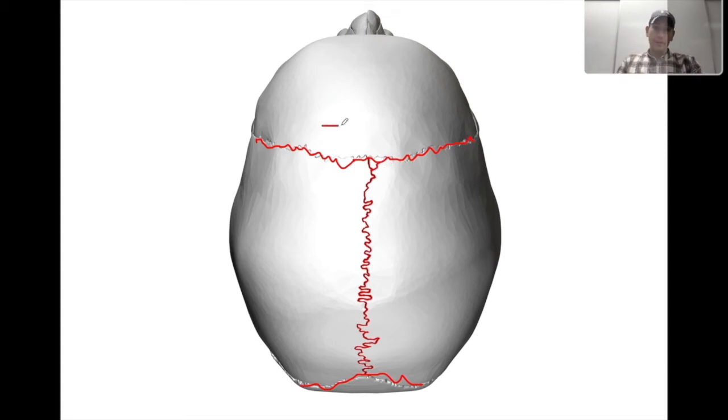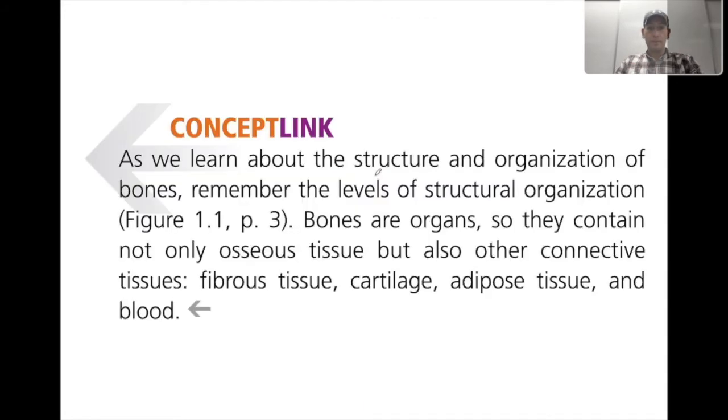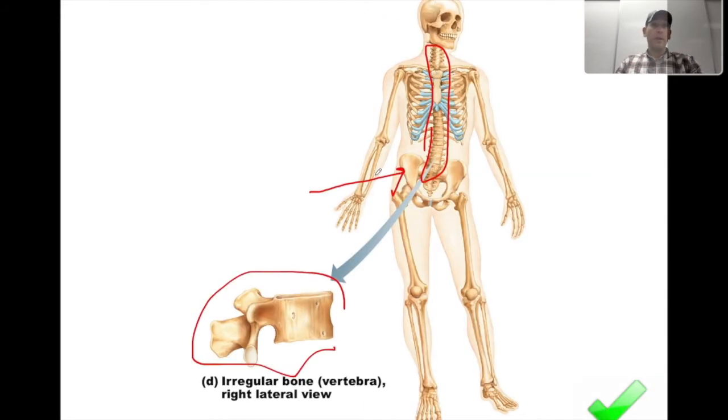Well, that means that a tiny little bone forms. That's a sutural bone. So if I were to do it again here, for example, another little crack or suture, now we've got two little sutural bones. We're not going to call that a frontal bone. We're not going to call it a parietal bone. We're not going to call it an occipital bone. We call them sutural bones. So that's the sixth and final shape of bone. And that concludes the 6 shapes of bones.